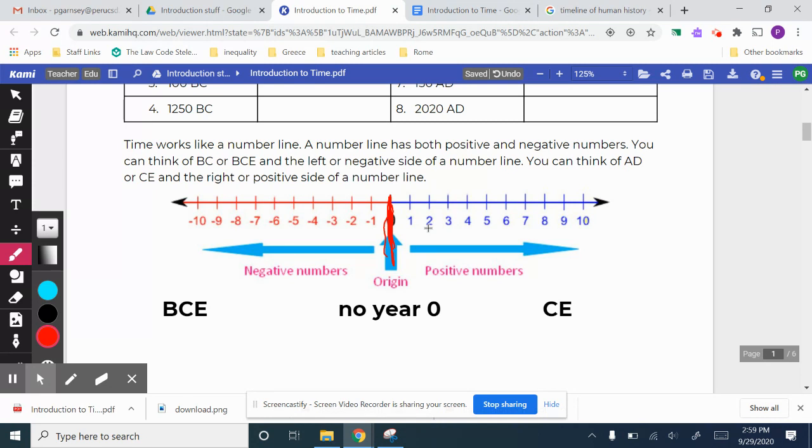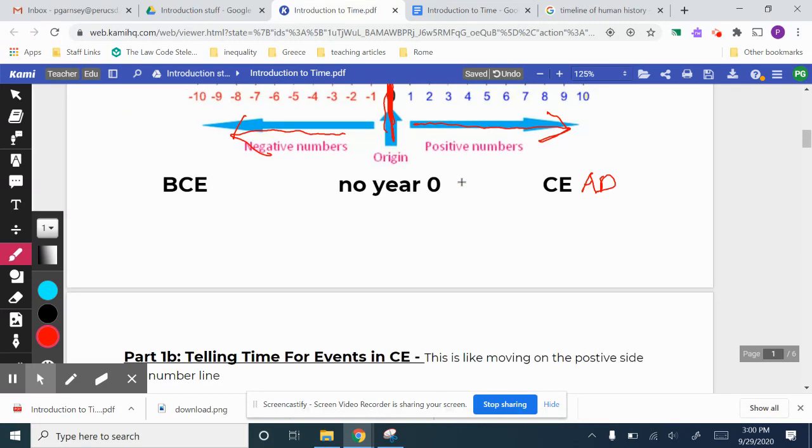So they decided to standardize this: anything that happened before this date is BCE, like a negative, and anything after this standardization of time would be CE or AD, like a positive number on a number line. Thinking of BCE or CE as similar to a number line can be helpful to many students.